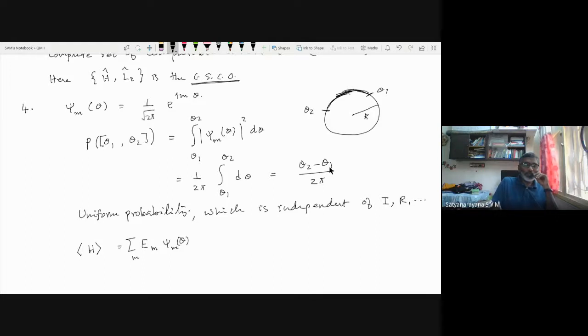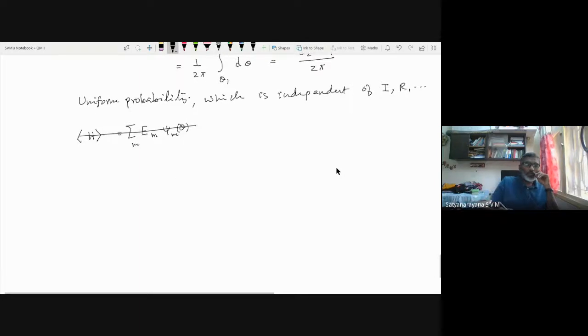If I have some arbitrary wave function, let's say, to be concrete, let's call phi of theta to be the sum over m of cm into psi m of theta. So this is a general wave function, a general state. Then my expectation value of the Hamiltonian is going to be equal to the sum over m of Em into modulus cm square.